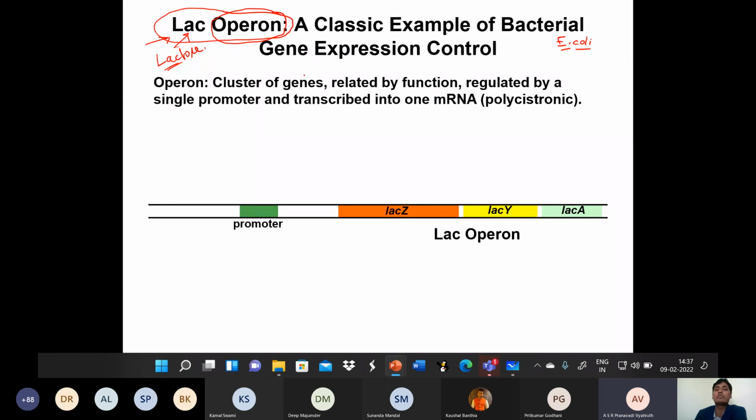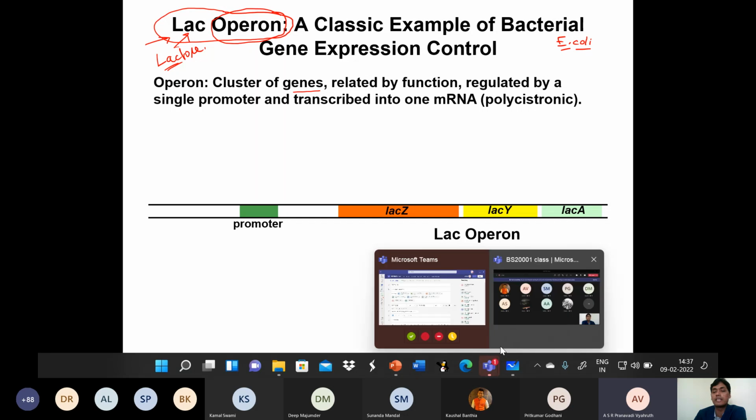Individually, all of you know what genes are. But now, for example, this is the lac operon. Lac means lactose. So the function of this whole system, the lac operon, is to metabolize lactose, right? To break down lactose. Do you know what lactose is and where lactose is predominantly present?